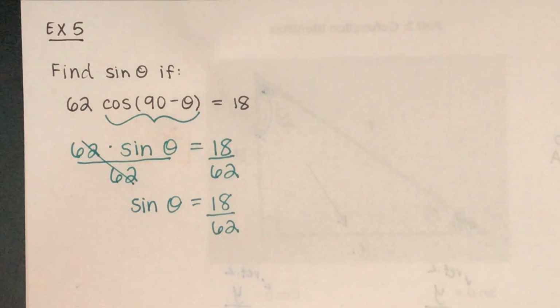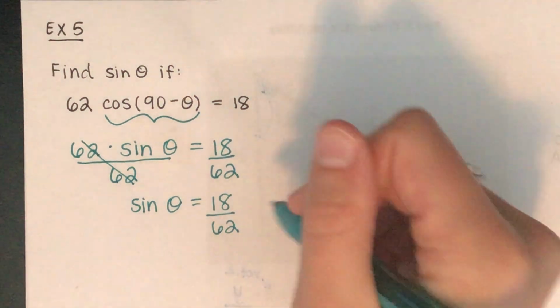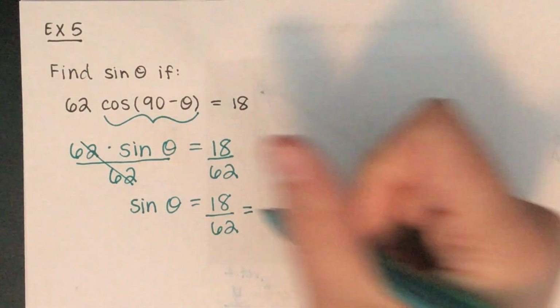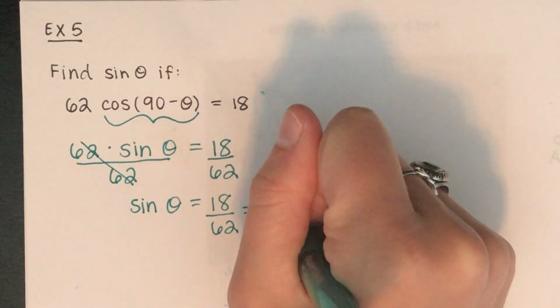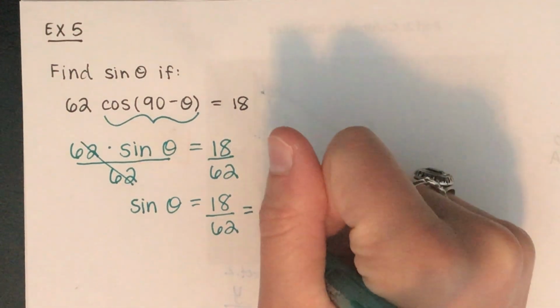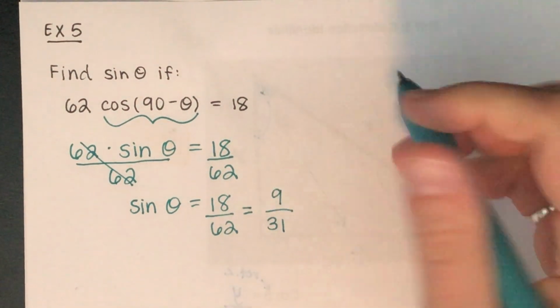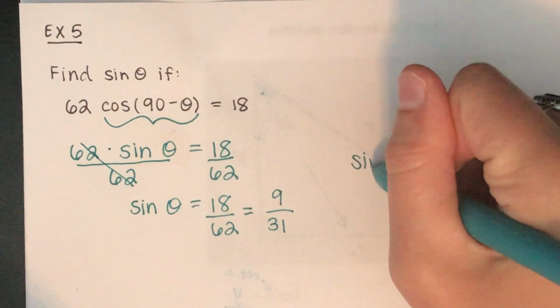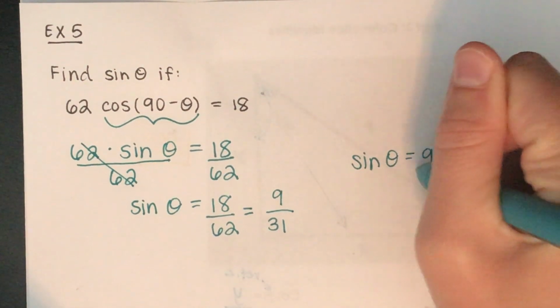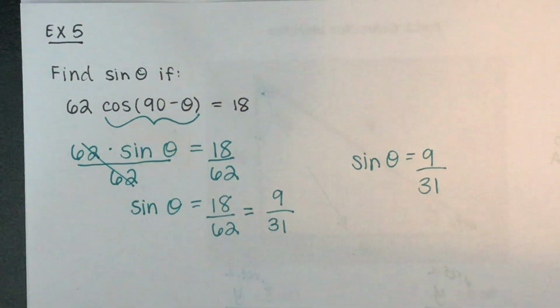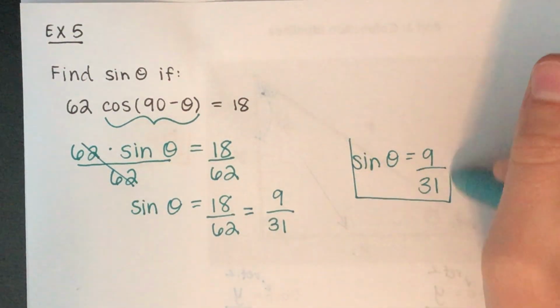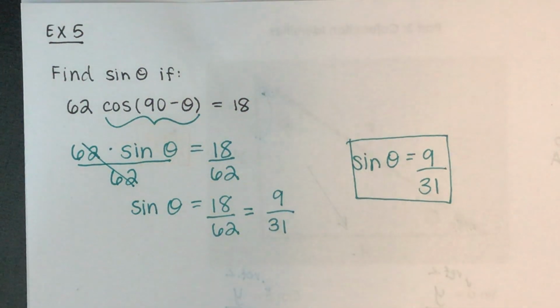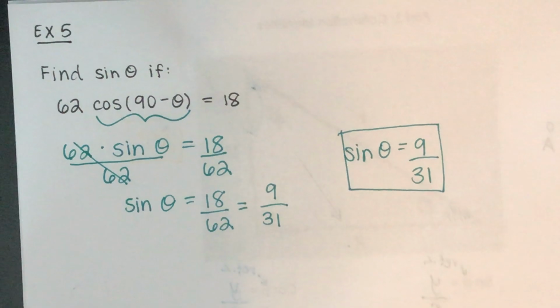Can I reduce those? Yes, I can divide them both by 2. 18 divided by 2 is 9. 62 divided by 2 is 31. So the sine of theta is equal to 9 over 31, and you've solved your problem. Good. All right, last one.